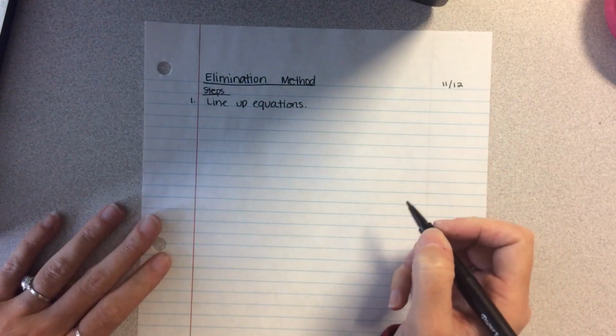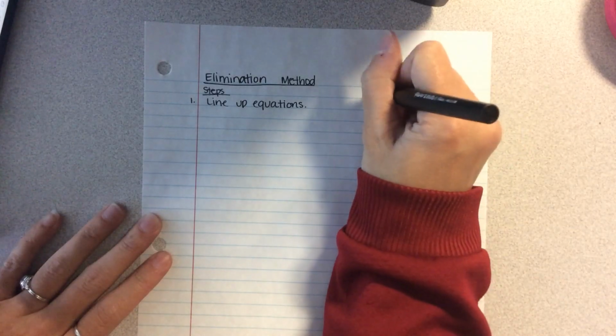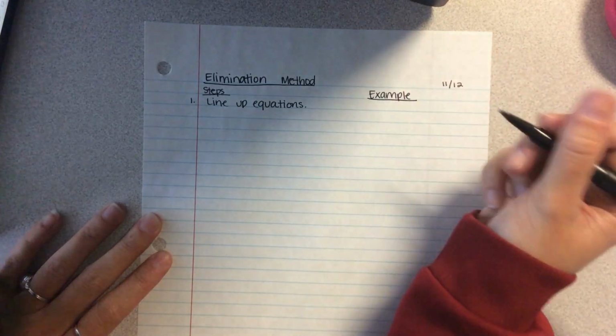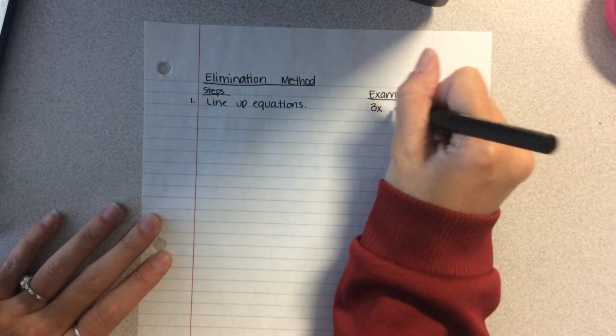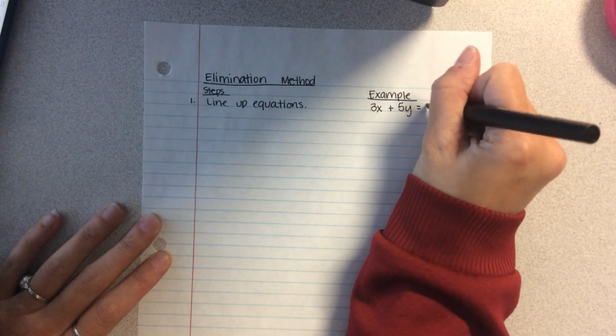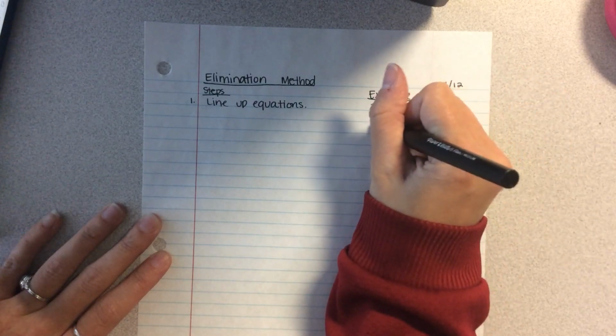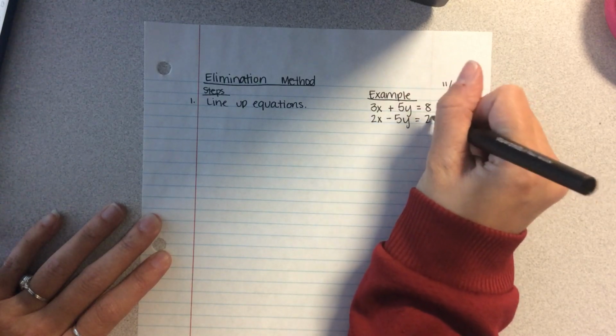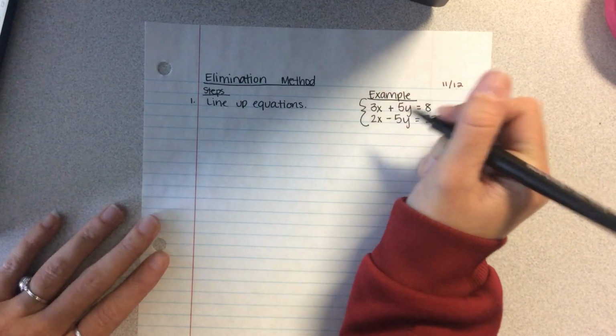Most of the examples are going to be set up like this already, but let me show you. For the first example, I'm actually going to give you one that's already lined up, but I want to explain what I mean by that. First is 3x plus 5y equals 8, and then we have 2x minus 5y equals 22. So that's our example problem.